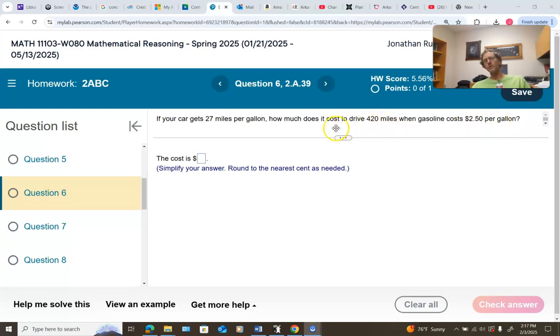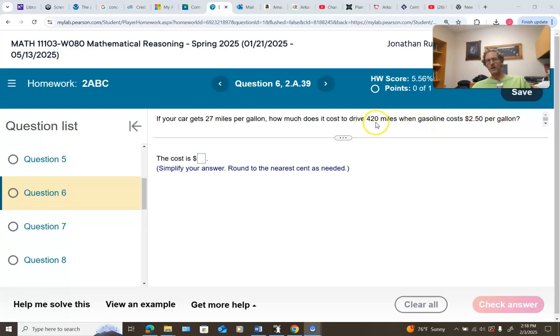Well, what we need to do here is we're going to be driving 420 miles. So we essentially have two conversion factors. We've got this one here. This equates the number of miles to gallons because it says per right here. And then we've got this one. This allows us to equate the number of dollars per gallon.